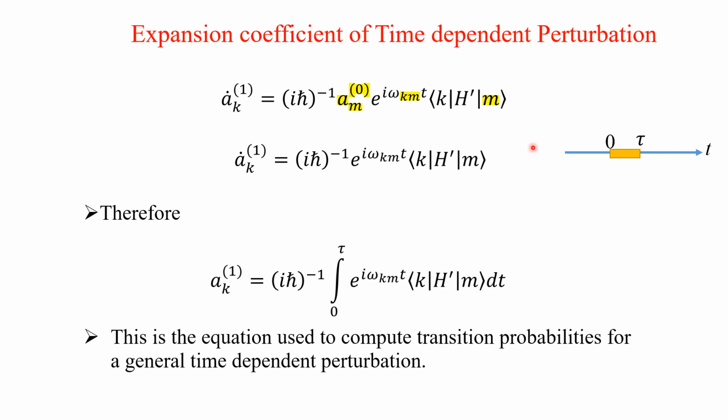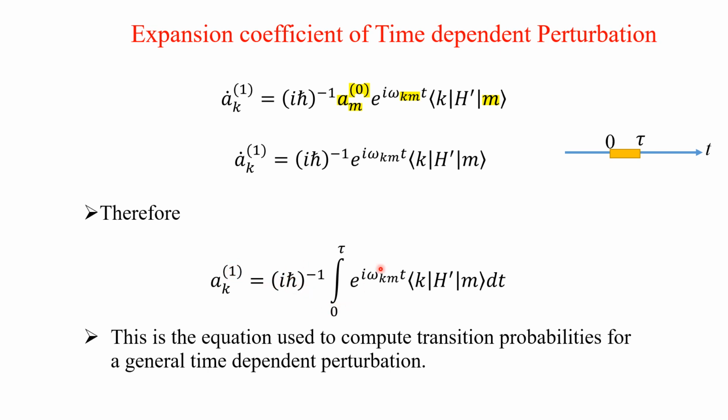Now I can explain this using this simple diagram. See, this is the time. I am giving the perturbation when time t equal to 0, and I am keeping the perturbation on up to a small interval tau. Our ultimate aim is to find the expansion coefficient. That is, if you integrate this ak dot 1, then you will get ak 1.